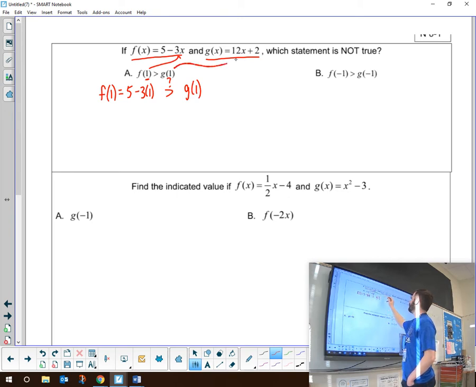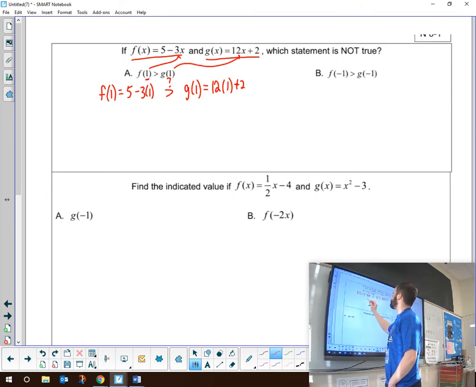And so we'll take that 1, we'll plug it in for x there. We'll go, okay, is g of 1, well, that's going to be 12 times 1 plus 2. Okay, so let's simplify these out, all right? So I'm going to go 3 times 1 is 3, 5 minus 3 is 2. So f of 1 equals 2.